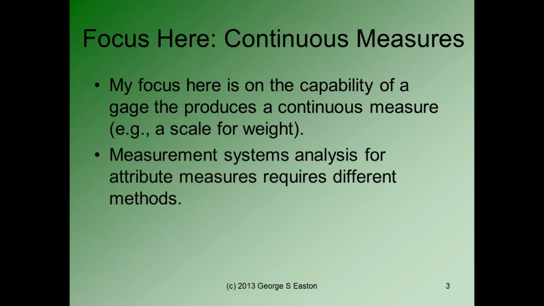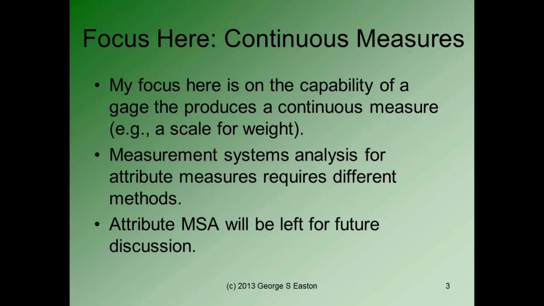Measurement system analysis approaches for attribute measures are different. So the particular technique that I'm showing you in this video is not suitable for attribute measures. And dealing with measurement system evaluation for attribute measures will be left for a future video.